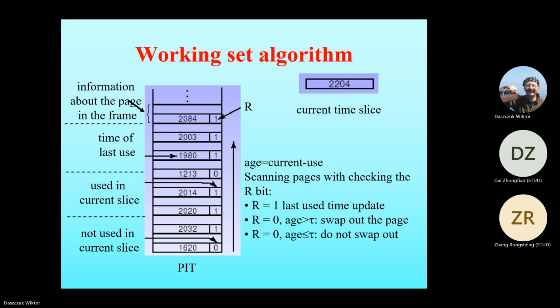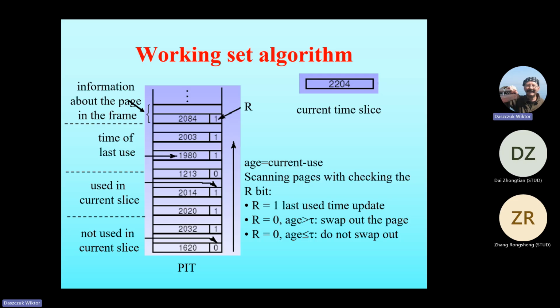And we check the reference bit. If R is 1, we change the time of usage to the current time slice.